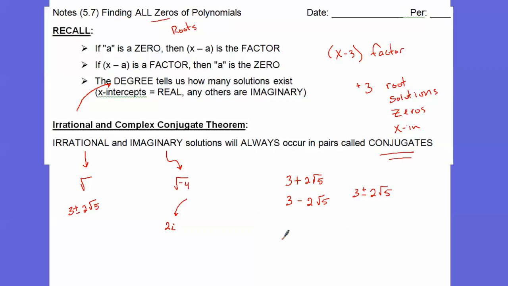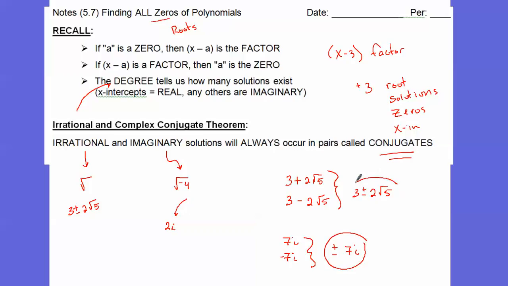If you have something like 7i, this is an imaginary answer. These always come in pairs. The conjugate would be the opposite of this, so the conjugate would be negative 7i. So then we could write it as a single statement, plus or minus 7i. This would be the pair of imaginary answers.